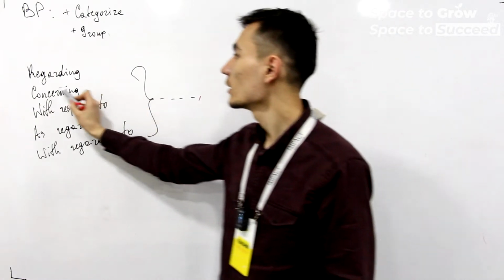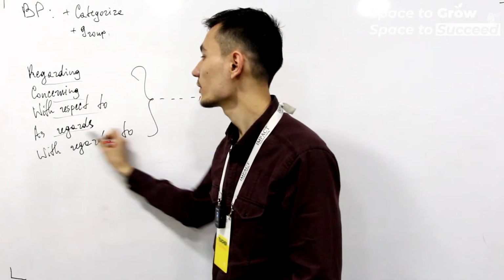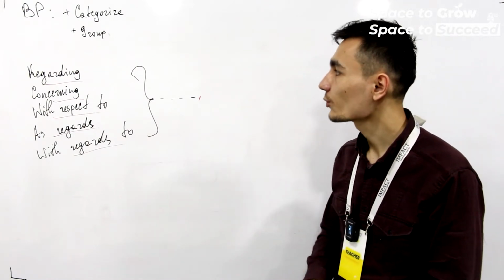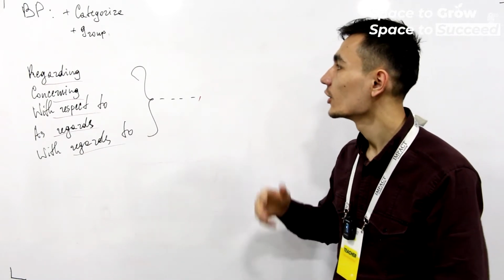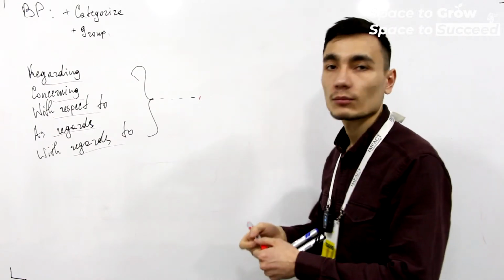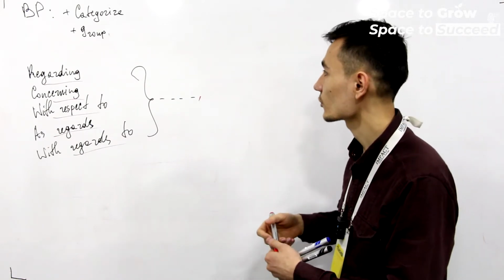They are regarding, concerning, with respect to, as regards, with regards to. We use them one by one, and in this part, what we have to pay attention to is how we start our process. And here we have starting structures.